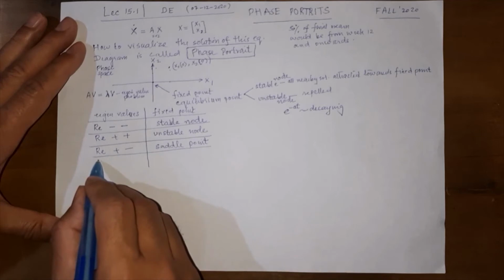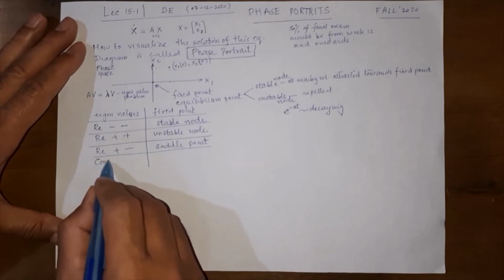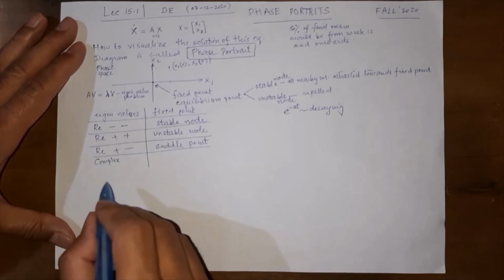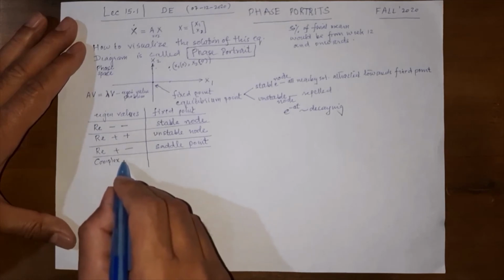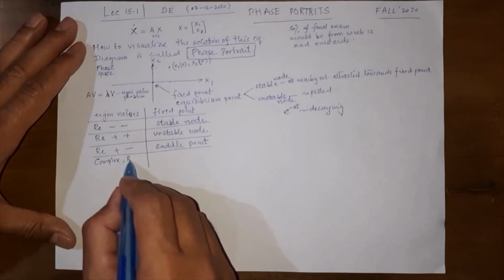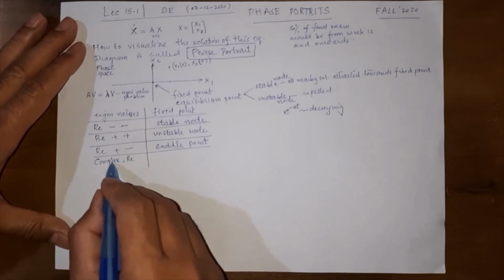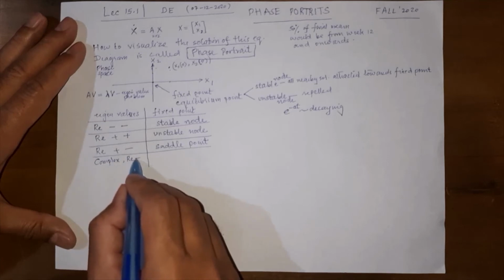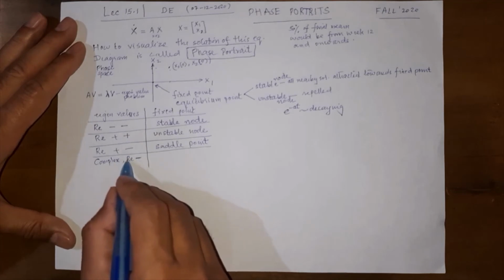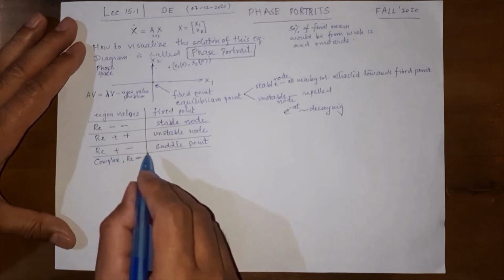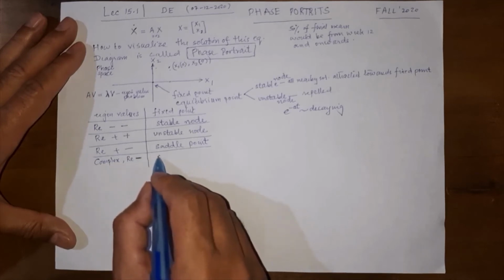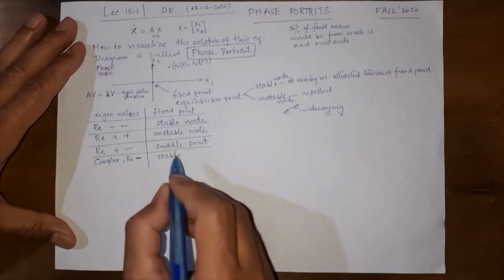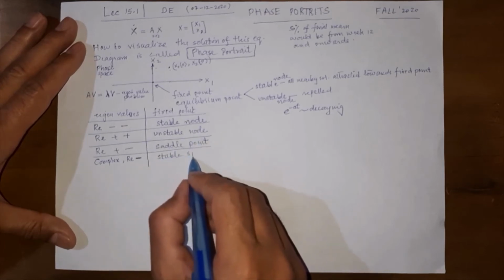Now, if the eigenvalues are not real, but instead they are complex, the values would be complex conjugates. If the real part of the complex conjugate eigenvalues is negative, and the real part of both of the eigenvalues is going to be the same, then we are going to have a stable, not a stable node, but a stable spiral.